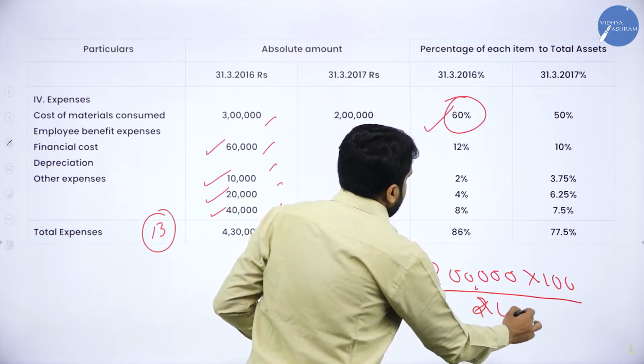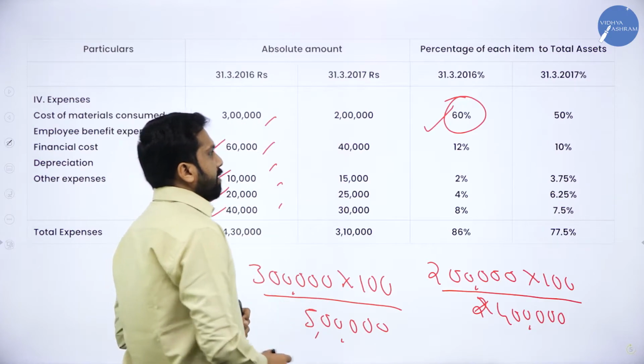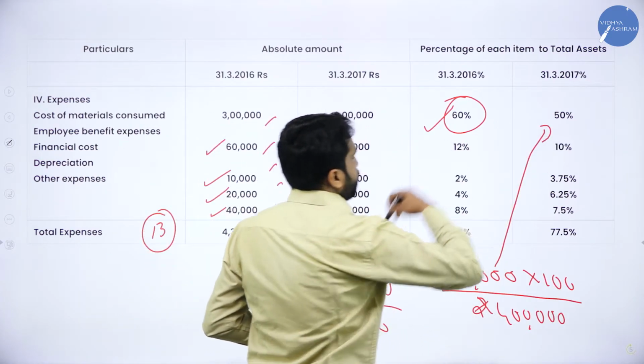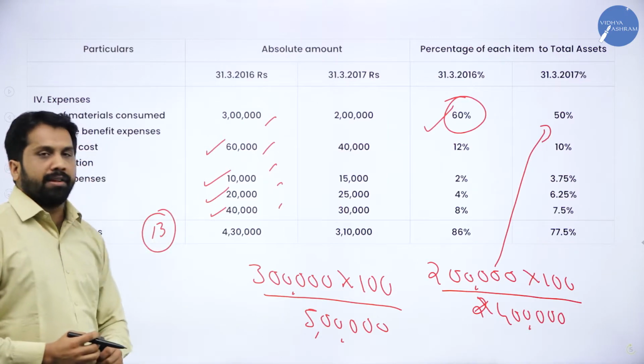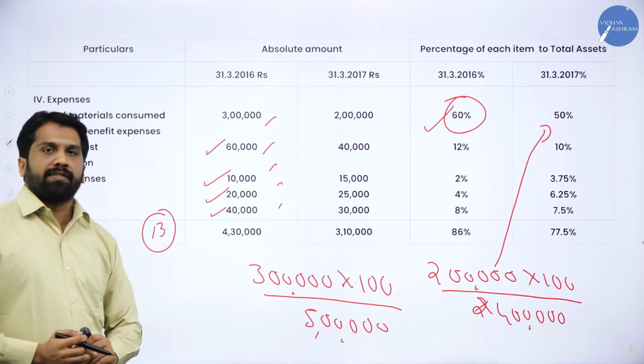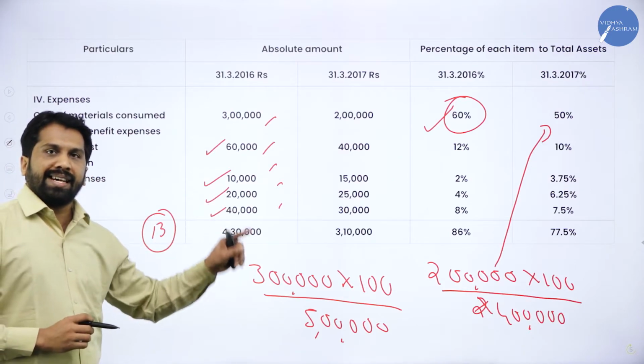Your base is 4 lakh. If you calculate, you will get 50%. Simple calculation. I'll go out of this screen; take a screenshot or write down everything.